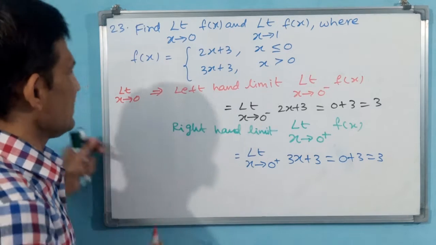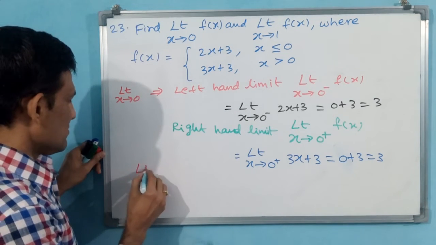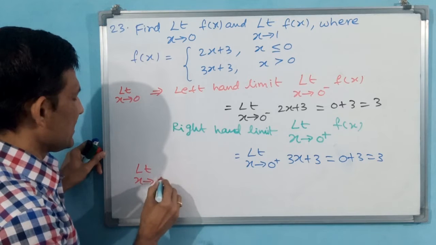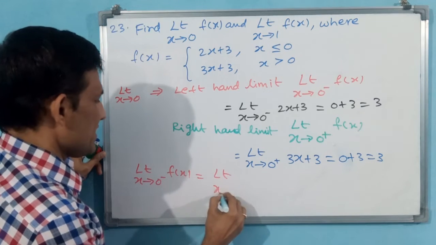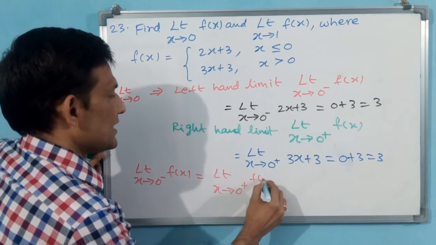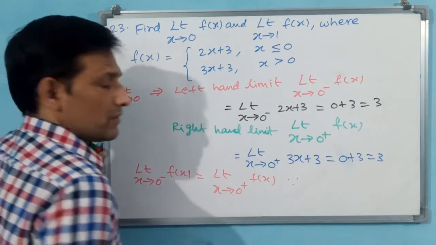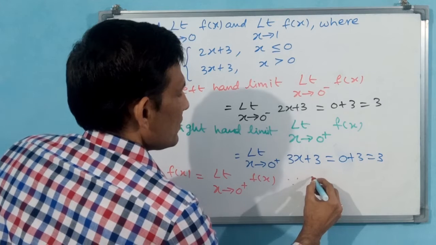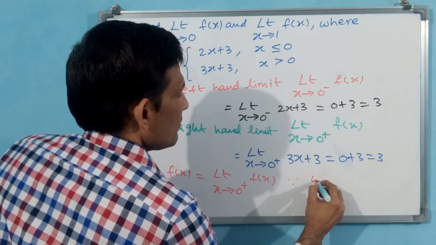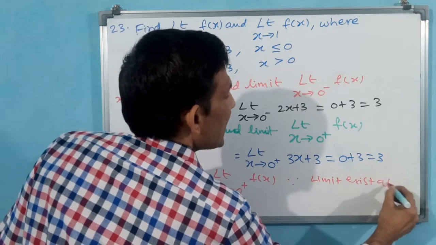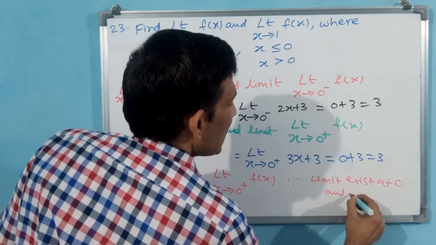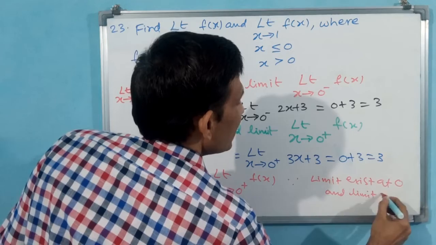Then you can write like this. You see, left hand limit is equal to right hand limit. Therefore, limit exists at 0 and the limit is 3.